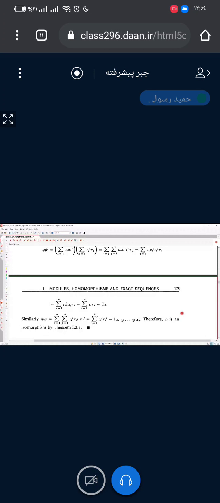Let p'_i from A_1 to A_n to A_i and L'_i from A_i to A_1 to A_n be the canonical projections and injections.